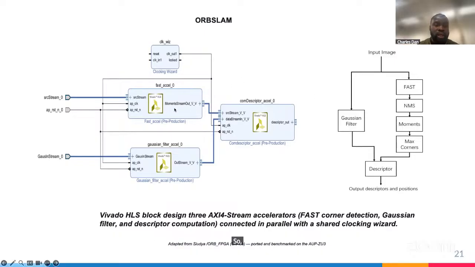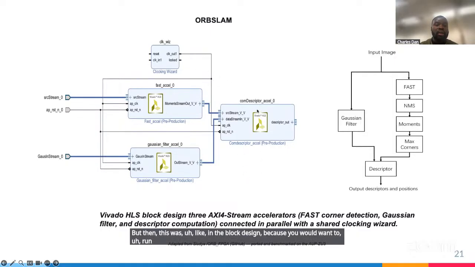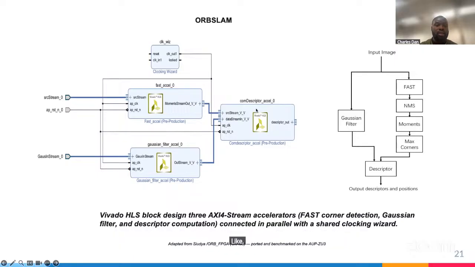So on my left side, what is being implemented here was the same thing that was done on the left side, but this was in a block design, because you just want performance and also to make it fast.